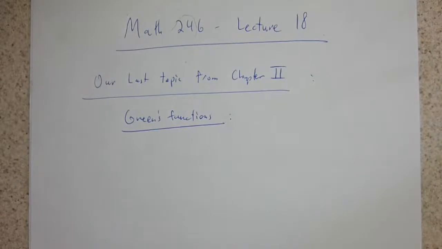So I wanted to introduce these. There's a couple of reasons. One, this provides an alternate way of thinking about how to deal with some of these non-homogeneous problems. But also, it provides an easy way to generalize the method of variation of parameters to higher order equations.